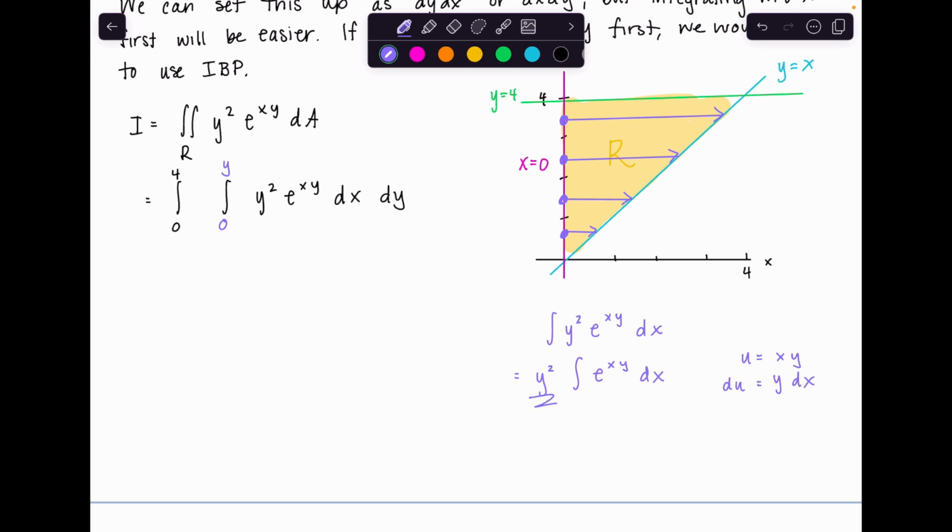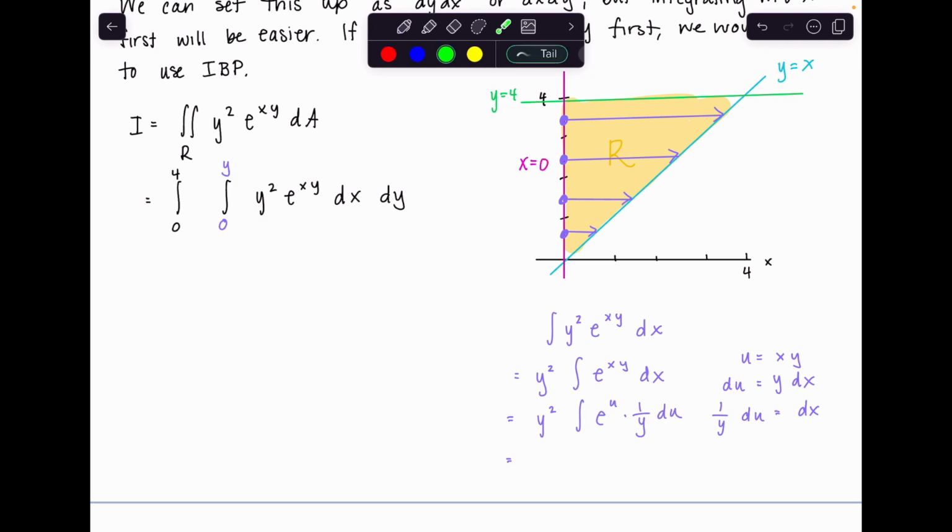Okay. And you can break this down, but also you can just treat y like a constant, divide it to the other side, and you get 1 over y du is exactly dx. So this becomes y squared e to the u 1 over y du.